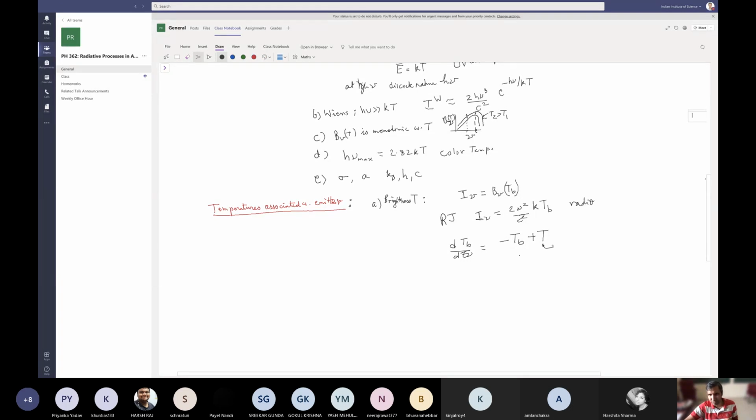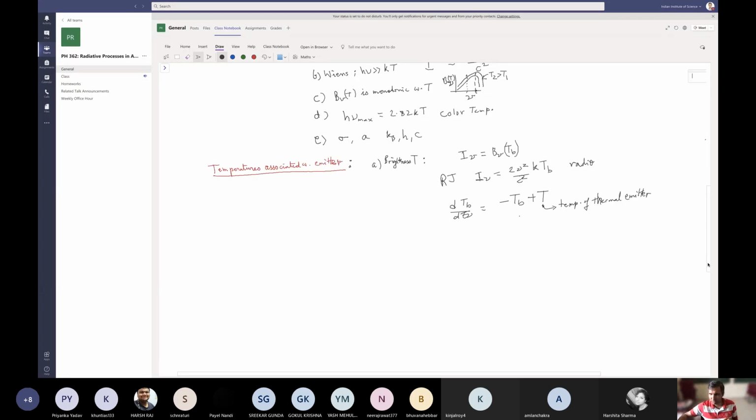So this is the temperature of the thermal emitter. You will see a lot of radiative transfer actually done in terms of the brightness temperature. Okay, so this is one thing.